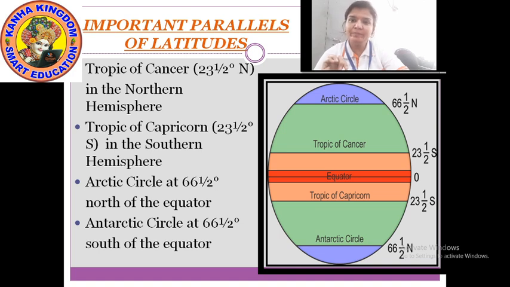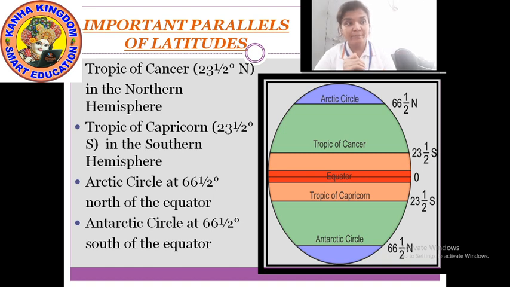Note it down. Now, where are these latitudes located? On which degree? The equator, which divides the globe into two equal halves, is located at 0 degree. The equator is at the 0 degree latitude.